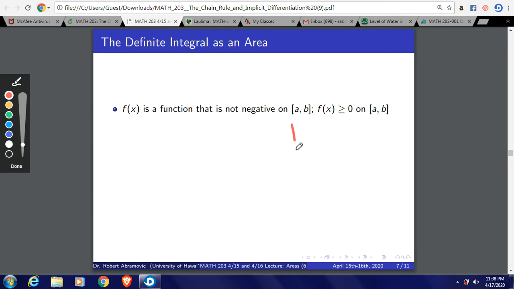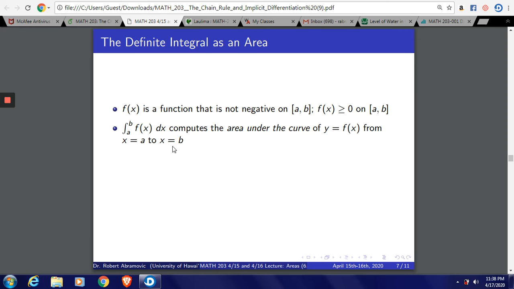If it was graphed in axes, it would look something like this. It always lives above the x-axis. And the definite integral, it turns out, computes the area under the curve y equals f of x, from x equals a to x equals b.